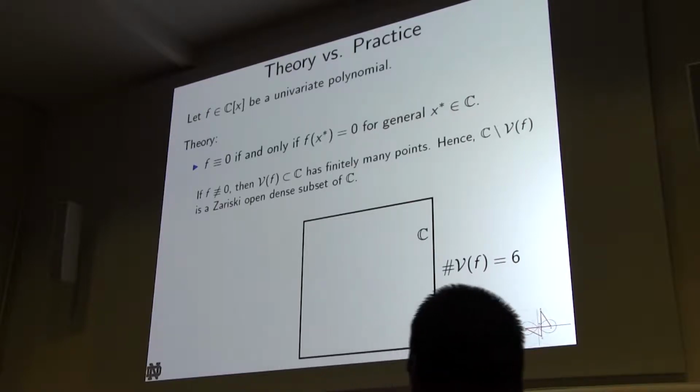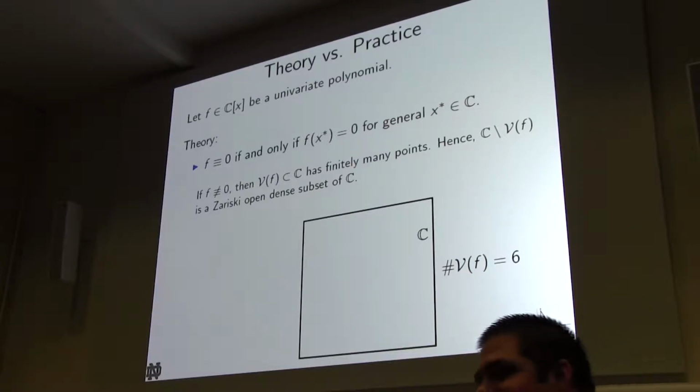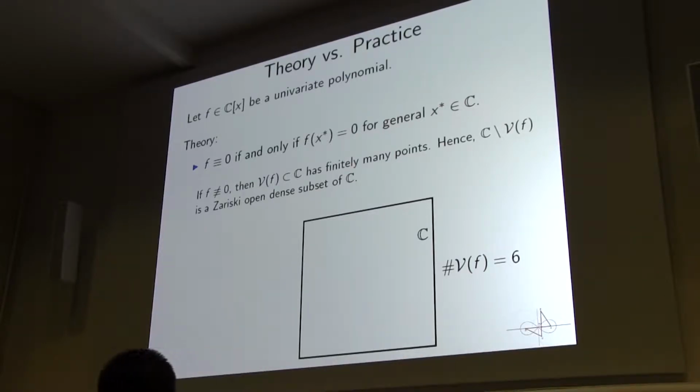Theoretically, if it's non-zero, then the variety is a finite set. Hopefully you can see there are 6 points here. I did that on purpose to make them 1 pixel big, so you may or may not be able to see them.